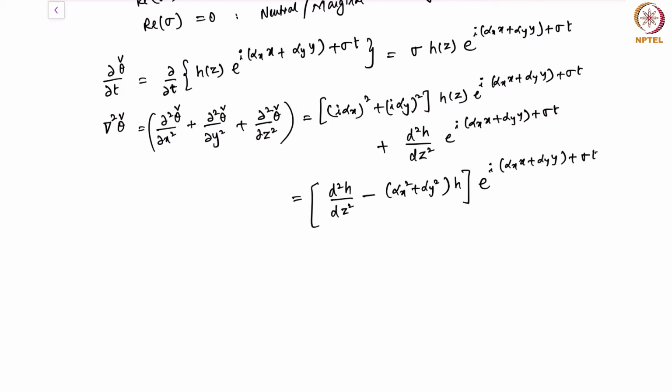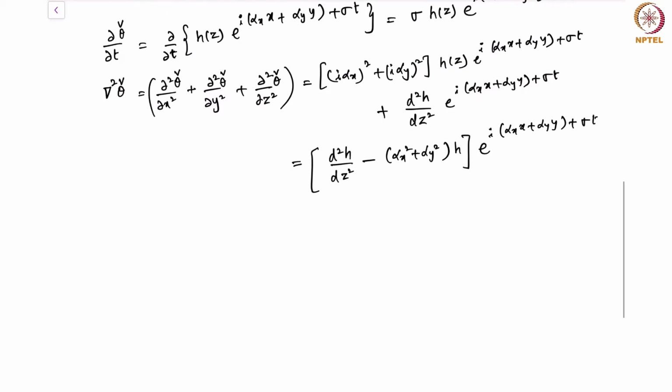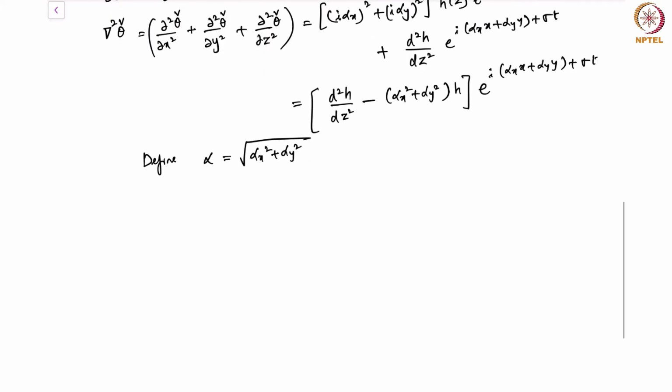Now we can always define alpha to be square root of alpha x square plus alpha y square, and we will also use one more shorthand notation. We will also say D is nothing but d by dz.